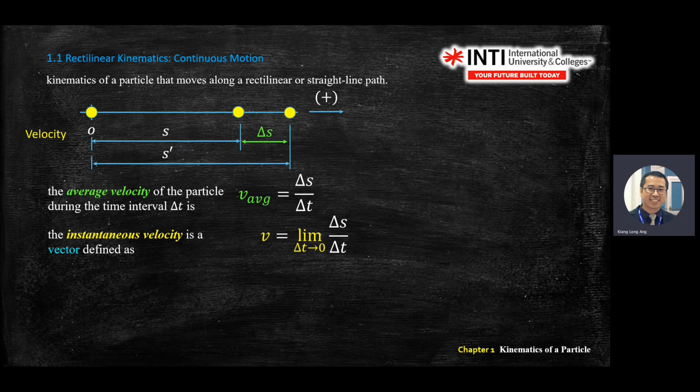Delta means very, very small changes, but you want to change that very, very small change to a well-defined parameter. You need to go through one process called limitation. Delta t to 0 means you pause the particle at that particular time. You freeze the time dimension. That's why there's a delta t to 0.